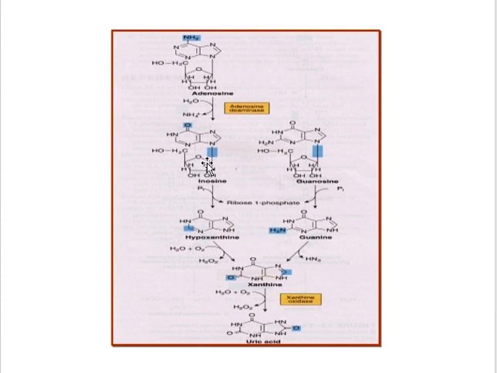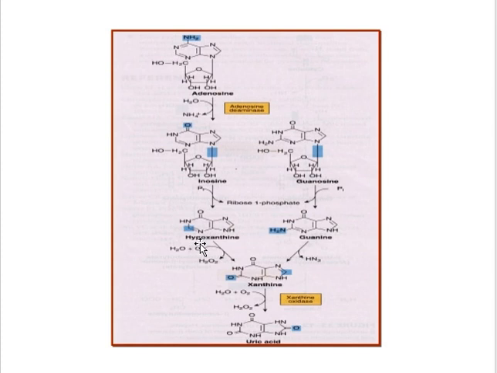And then inosine is degraded into its components, that is the purine base hypoxanthine, and then the ribose sugar is removed as ribose 1 phosphate, and this reaction is catalyzed by the enzyme purine nucleoside phosphorylase. In this reaction, 1 phosphate inorganic phosphate is utilized.